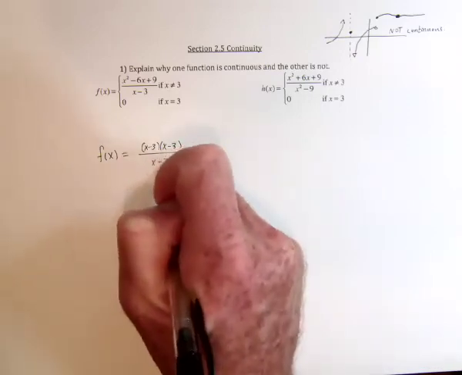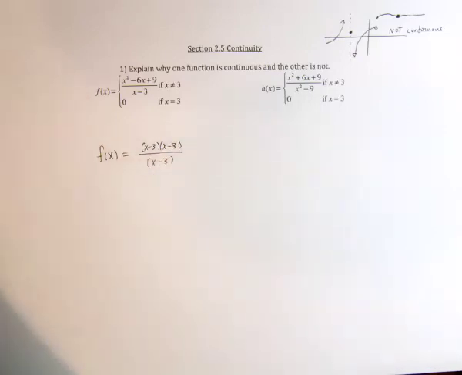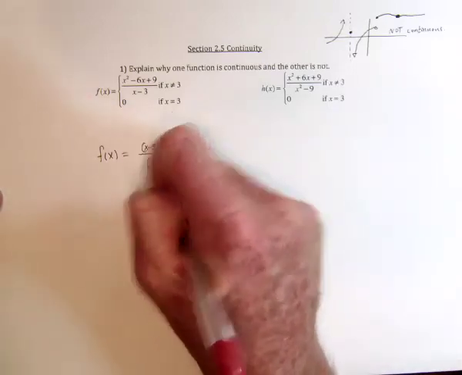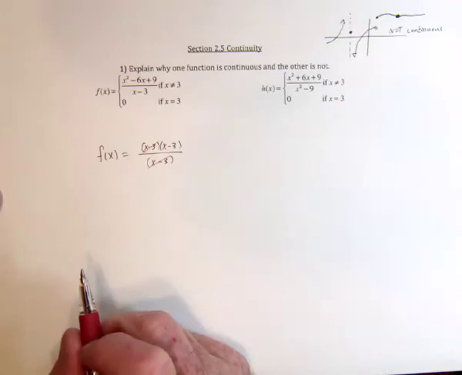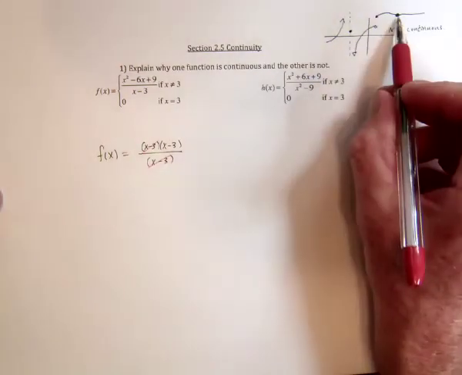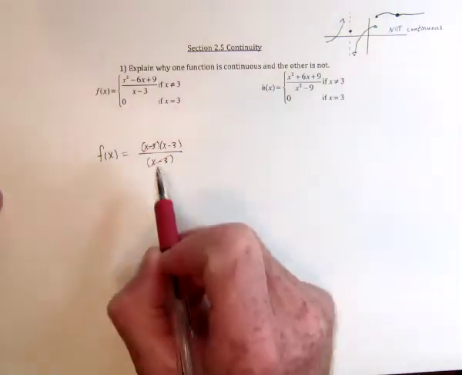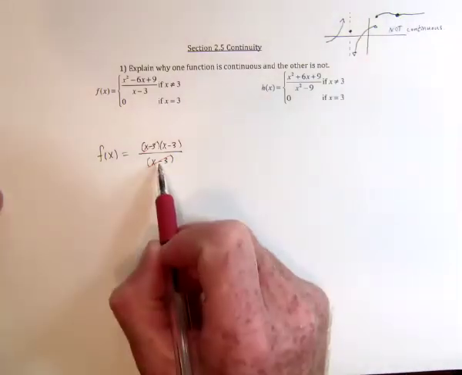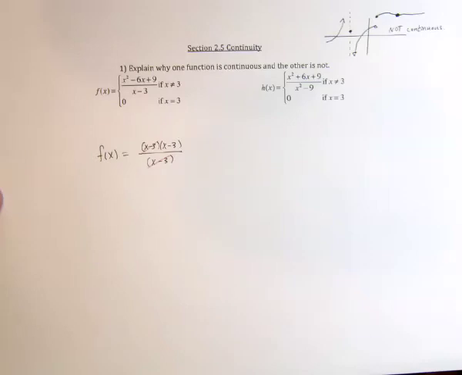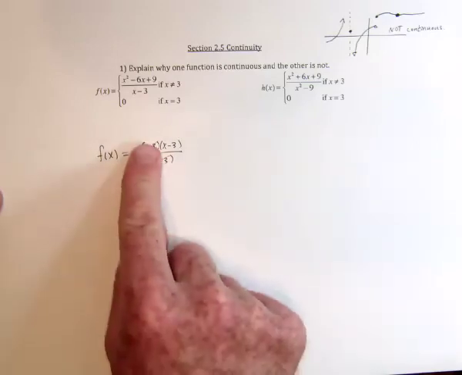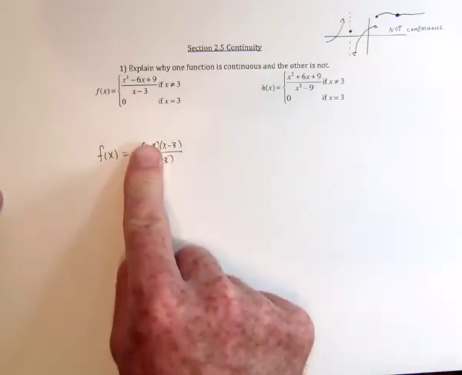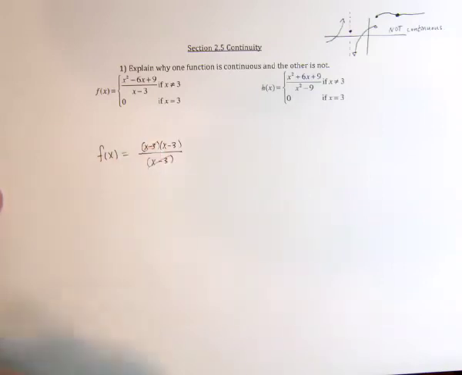And once we've done that, then this factor of x minus 3 can be cancelled. And that act right there, that's the same thing as filling in that dot and making it continuous, because I've just removed the thing that was causing division by 0.